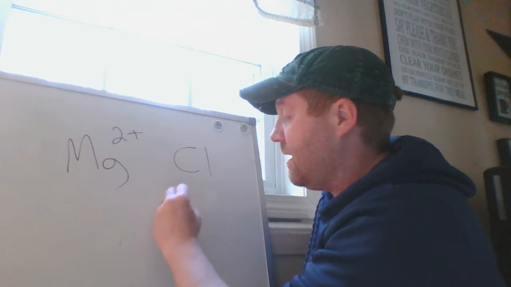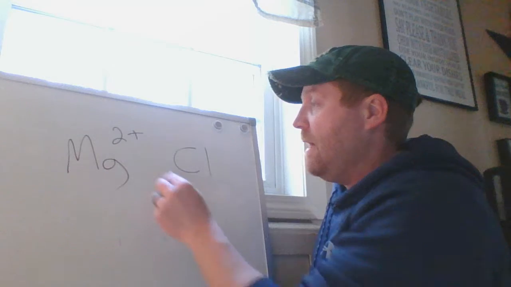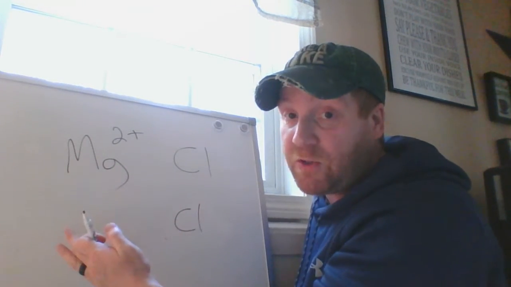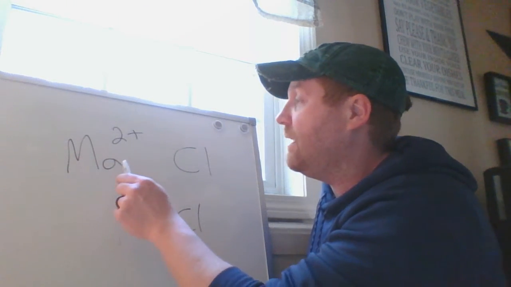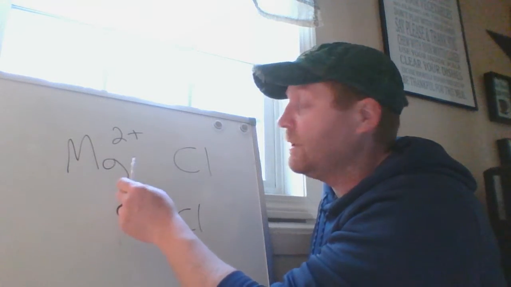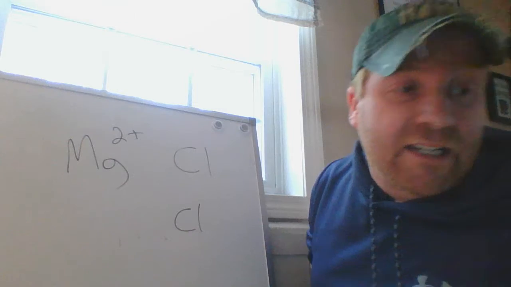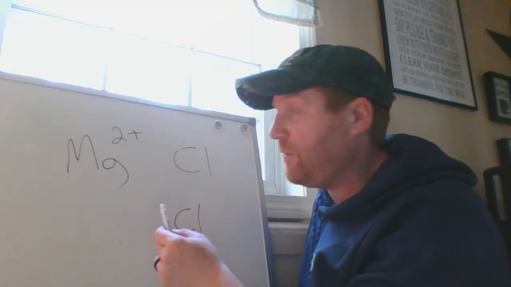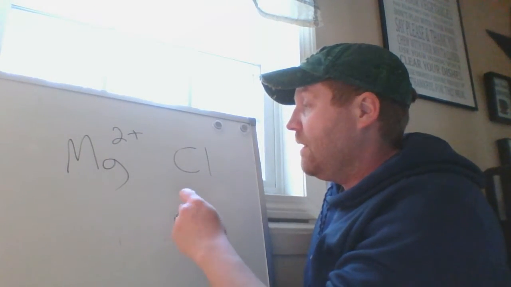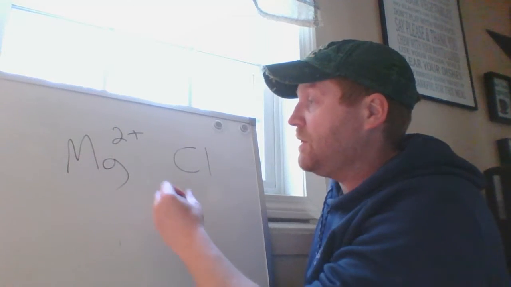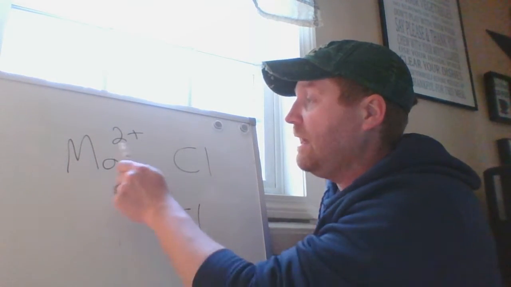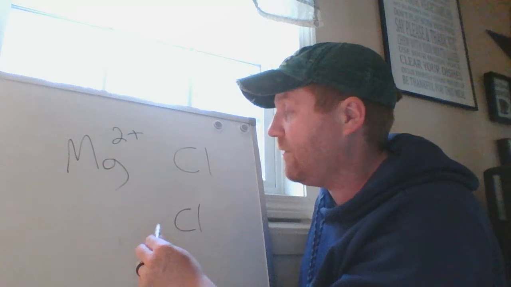So what happens is another chlorine comes in, and the electrons, which I haven't drawn, email me if you need any help with this. It's in the book. I'm on page 172 and 173, if you're wondering. Chlorine, you need 2 of them to make sure that they each take an electron from magnesium, which wants to give away 2.